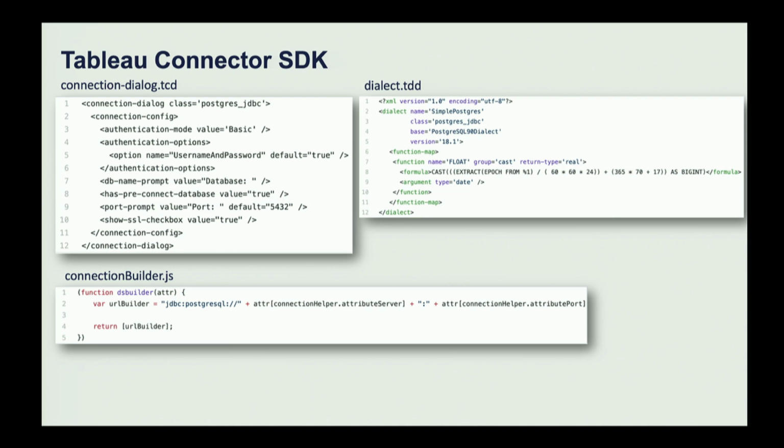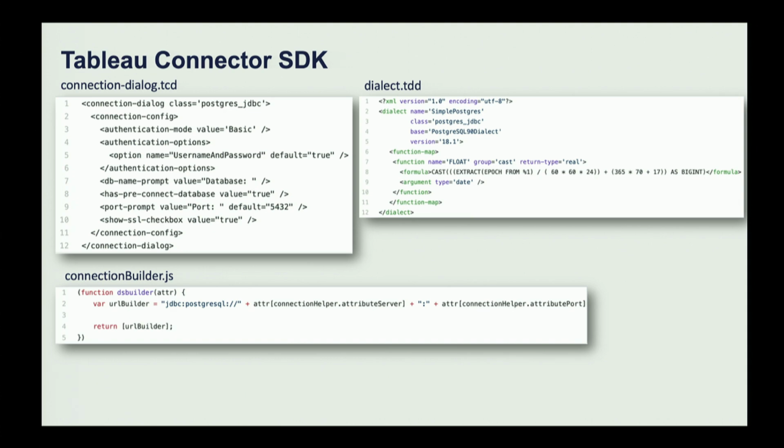So what you can do in this file, you can define, first of all, what you show to your user, or maybe what you don't show to your user. Especially for people who run tight governance, secure environments, and do want to allow users to connect directly to their databases, you will create a connector that hides some of these important details. They don't need to know what port they're going to.